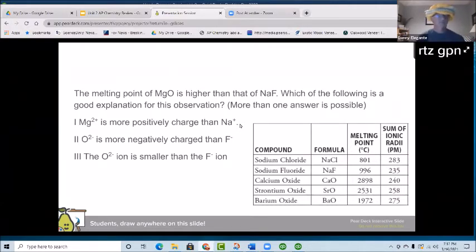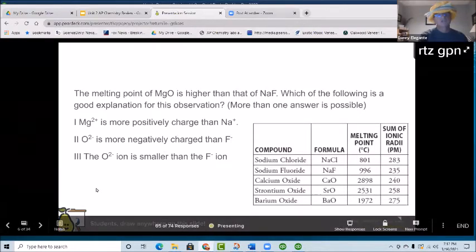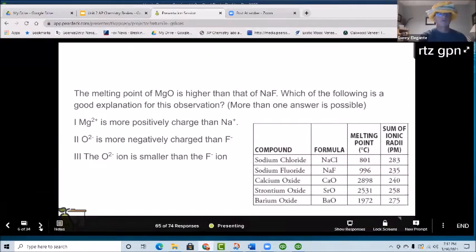No, because we learned last week when we were talking about periodic trends that when two things are on the same row and they have the same number of layers of electrons, it really becomes about who has more protons pulling on those electrons. And it turns out the fluoride ion is actually going to be slightly smaller just because the fluoride ion has more protons pulling on the electrons. So Roman numeral 1 and Roman numeral 2 are correct. 3 is not.